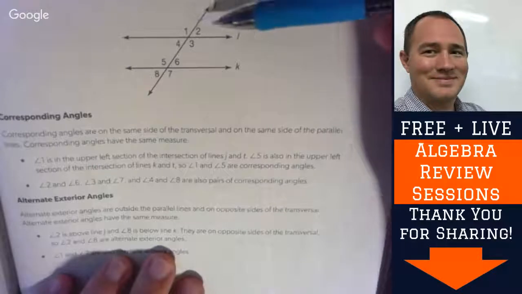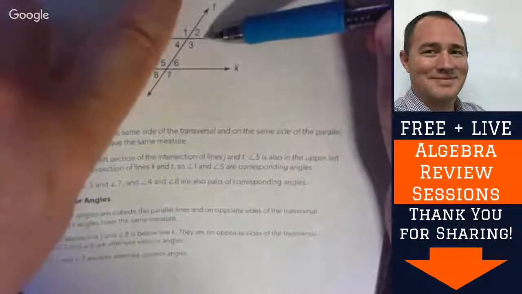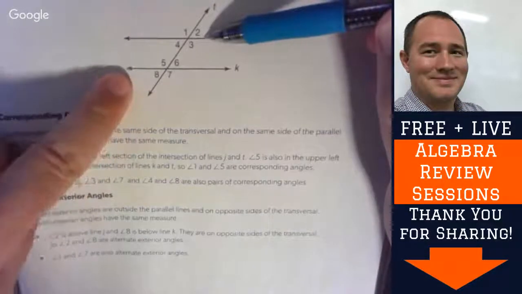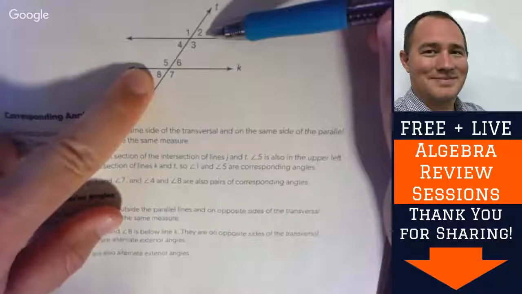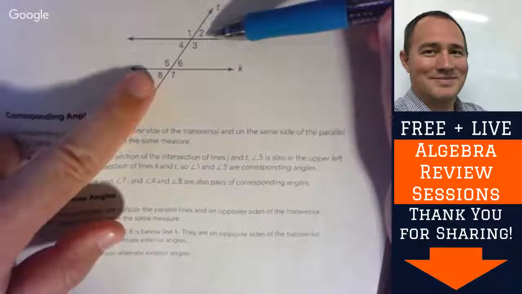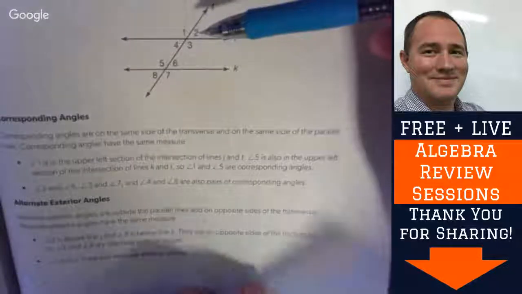We're on the right side of the transversal T for 2, and if we go on the outside of the parallel lines to the other side of our transversal, we will see angle 8. Angle 2 and angle 8 will have the same measure.